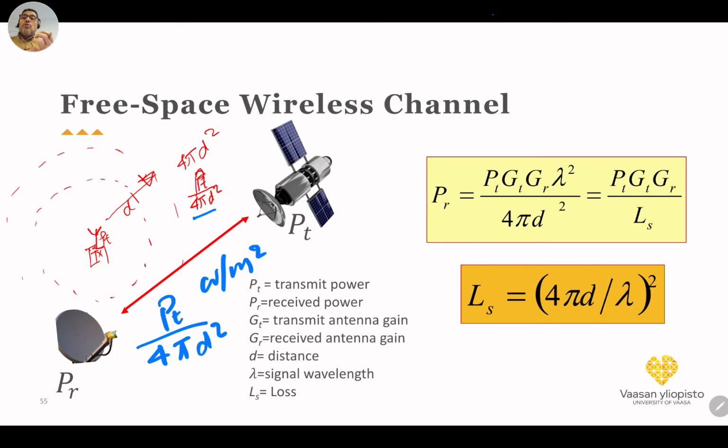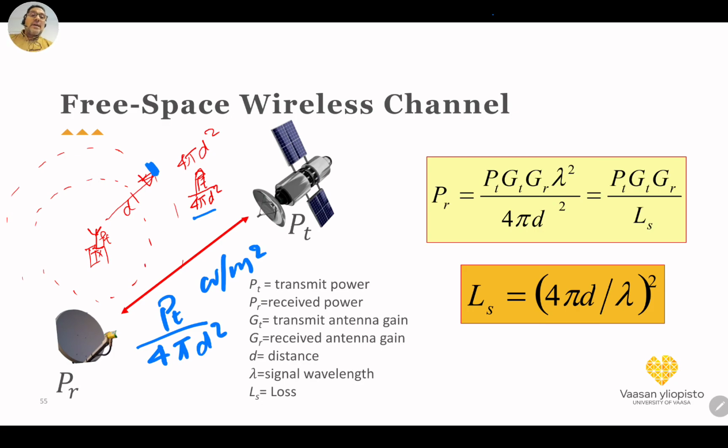How much power can you get at a distance d? If you have a receiving antenna here, how much power can you extract? It depends on the antenna area, but it does not need to be the physical area. Ideally it will be the physical area, but in reality it is called the effective area of the antenna.